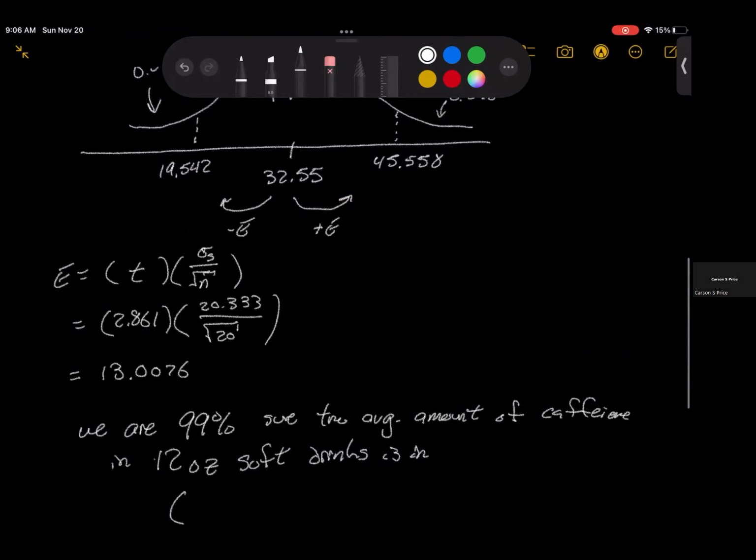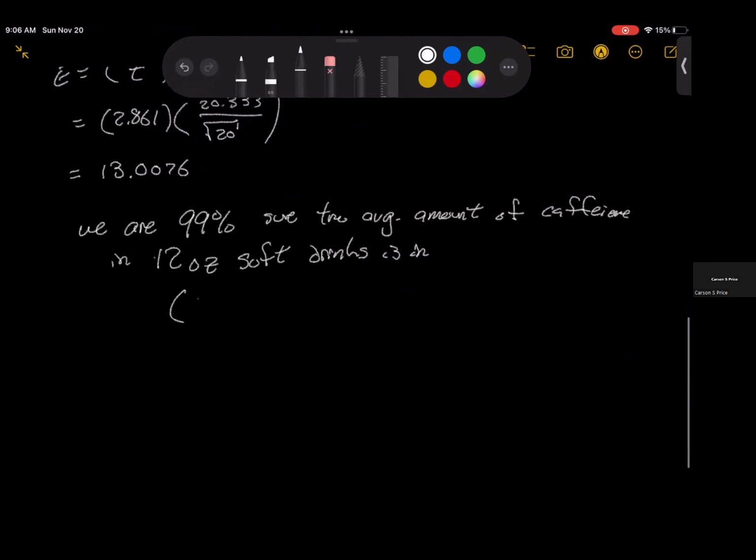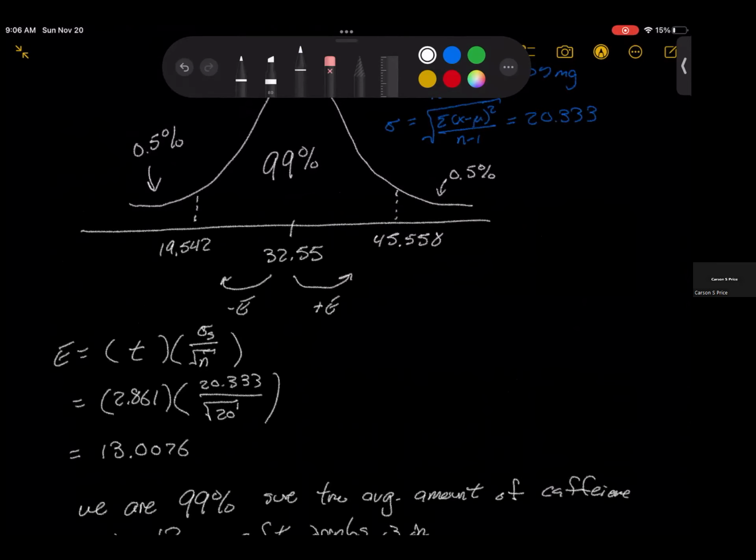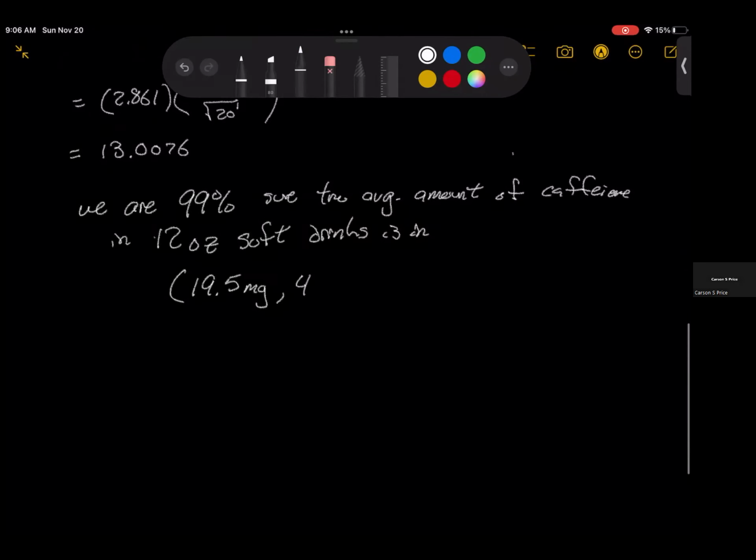So it's somewhere greater than 19.542. Let's just say 19.5 milligrams of caffeine and 45.6 milligrams of caffeine. All right, so that's our conclusion.